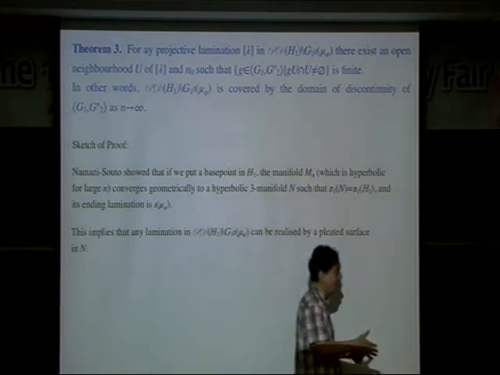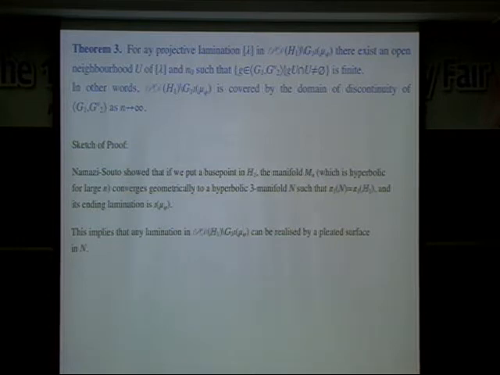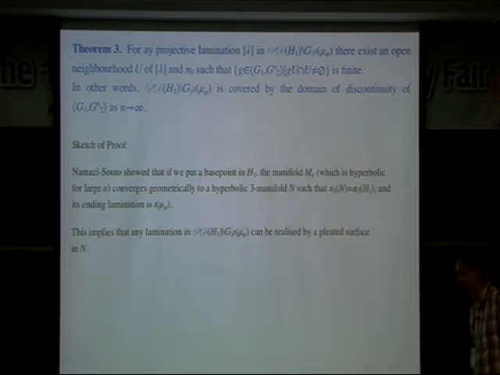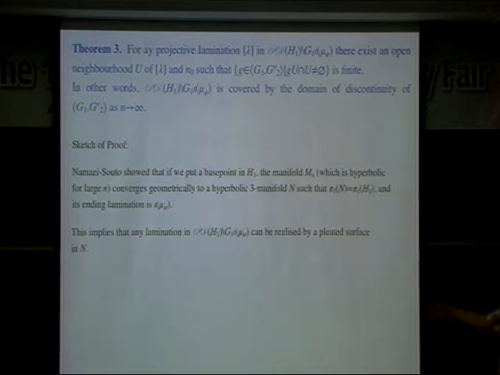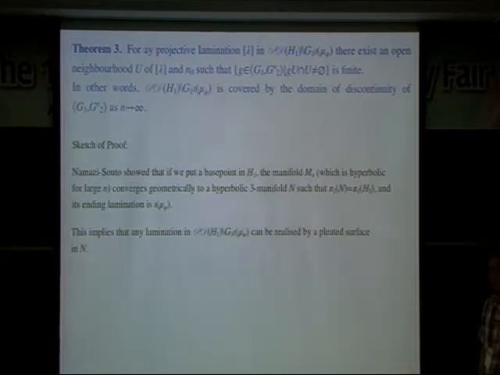in this case, you can construct a model manifold by two hyperbolic handlebodies. And as the index goes to infinity, this one of the handlebodies, corresponding to H1, converges geometrically to a hyperbolic three-manifold with free fundamental group.